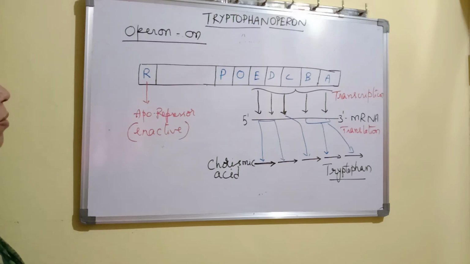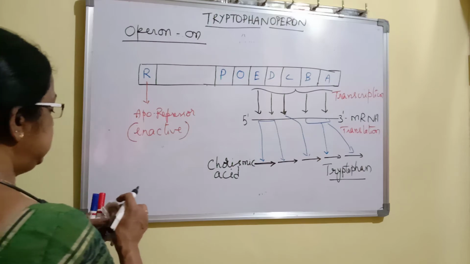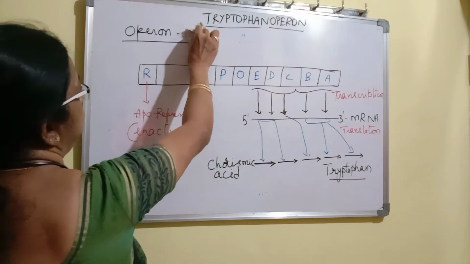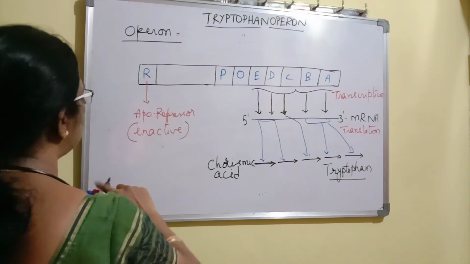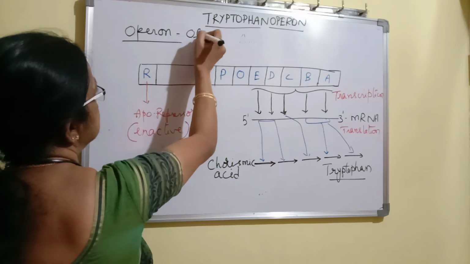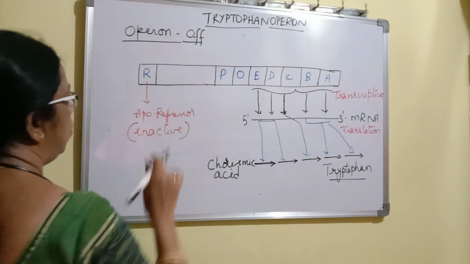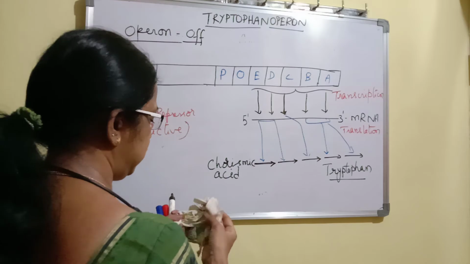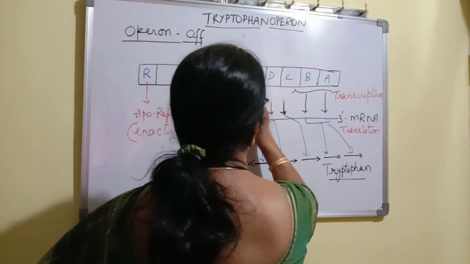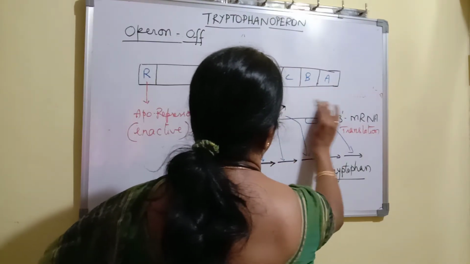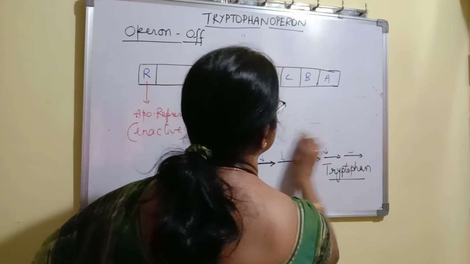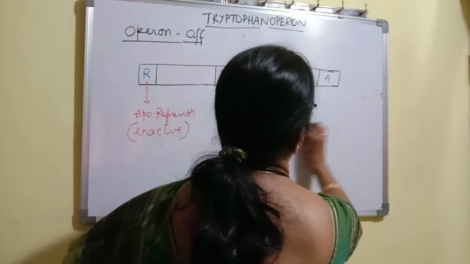Then the same diagram I will change to when the operon is switched off. Let us see how we draw the diagram when the operon is switched off. When it is switched off, first thing we can say is there is no transcription and no translation taking place.